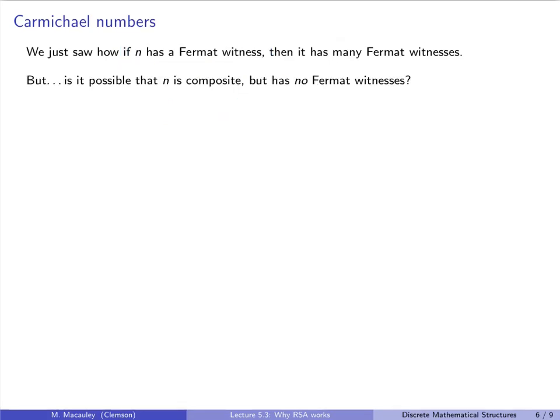We have to ask, is it possible that n is composite but has no Fermat witness? In other words, if we pick any number relatively prime to n, it will be a Fermat liar. Unfortunately, the answer is yes. But fortunately, this is also very rare.